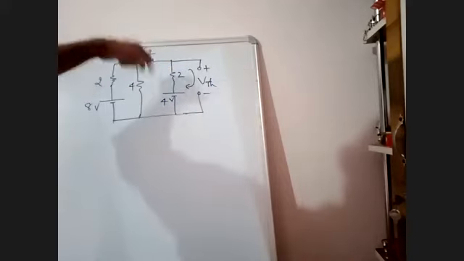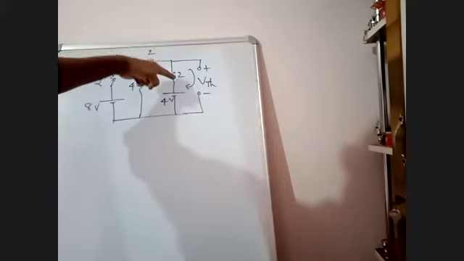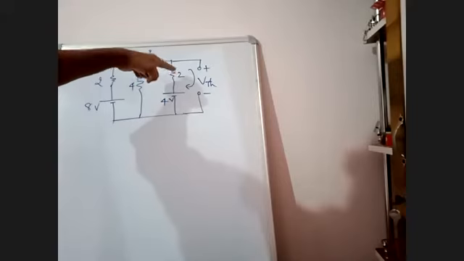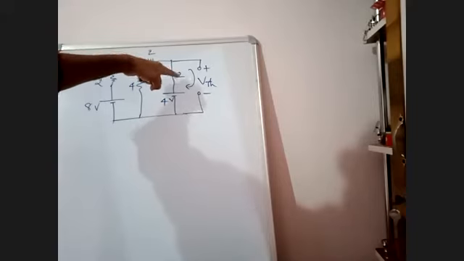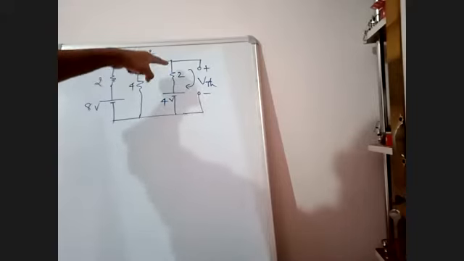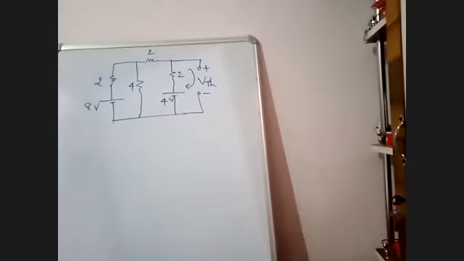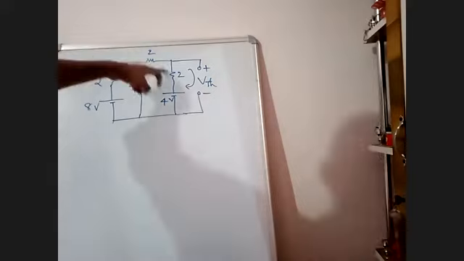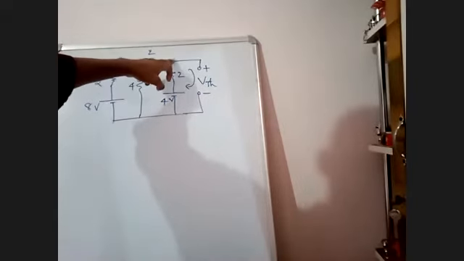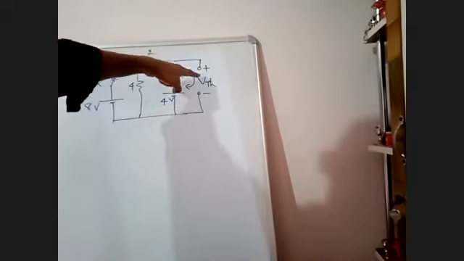Then you will get VTH. Current multiplied by this resistance is voltage, so I will determine the current in this 2 ohms. Now, this 2 and 2 are in series because current is not dividing here. Here open loop is there.